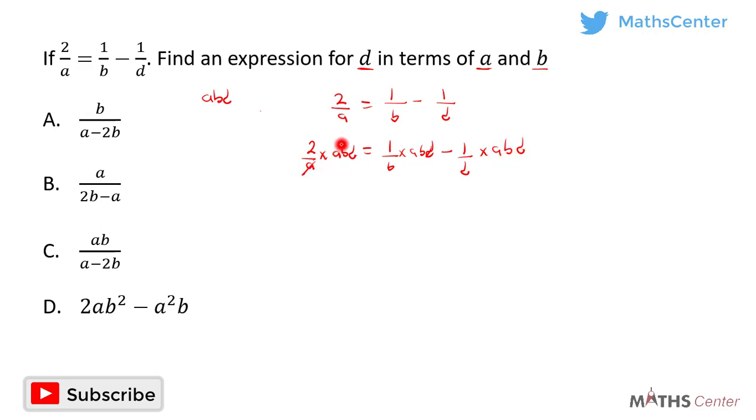A and A cancels out, B and B cancels out, D and D cancels out. So we will be left with 2 times BD. So we have 2BD is equal to 1 times AD, so that will give us AD, minus 1 times AB, and that will give us AB.